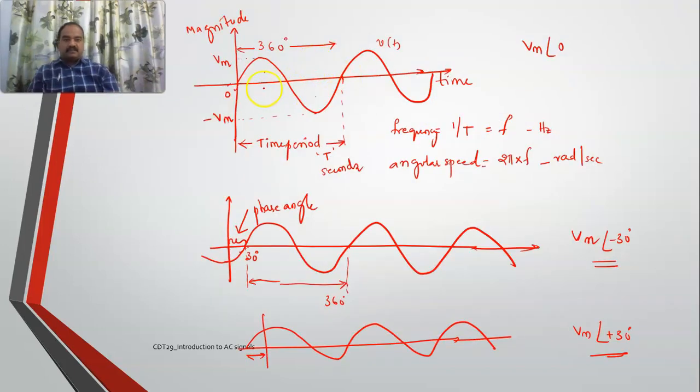So this is the representation. What is the maximum value? Vm, and the phase angle is 0. So here it might be Vm again, but here there is a difference. So I am taking it as minus 30. Here in this case it is plus 30. So this is magnitude and this is angle, the phase angle, with reference to the reference points.